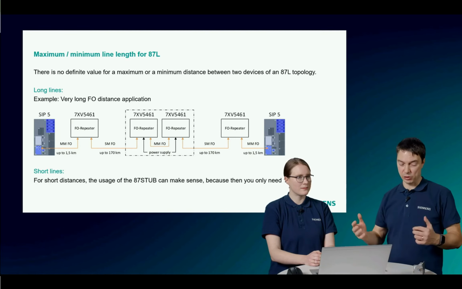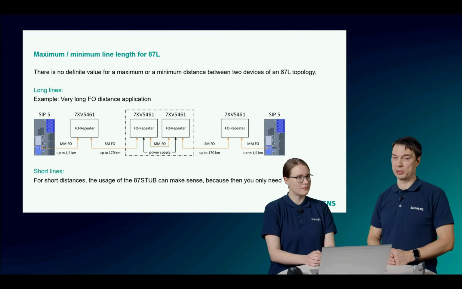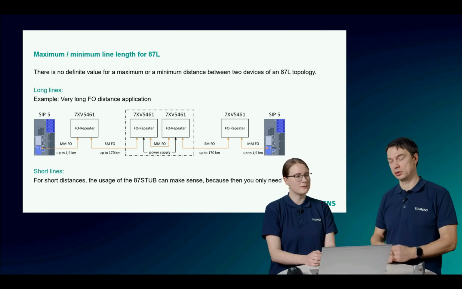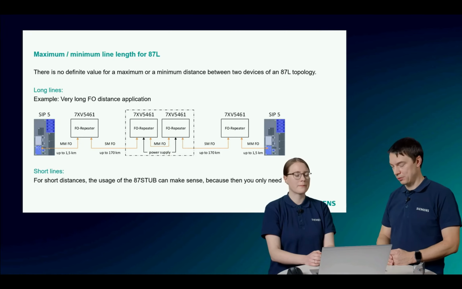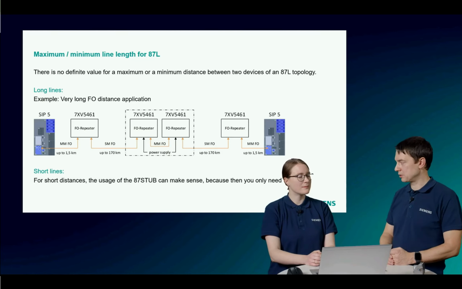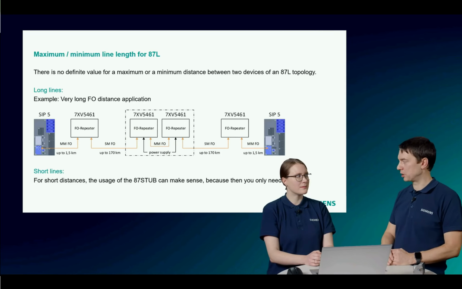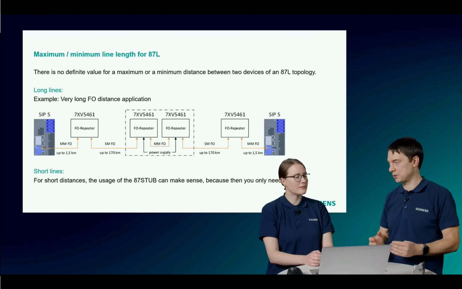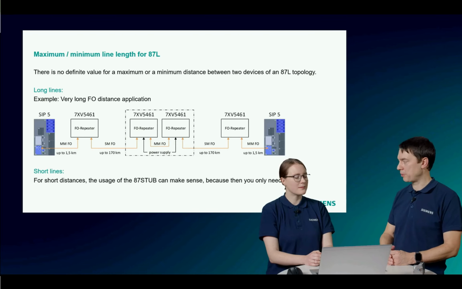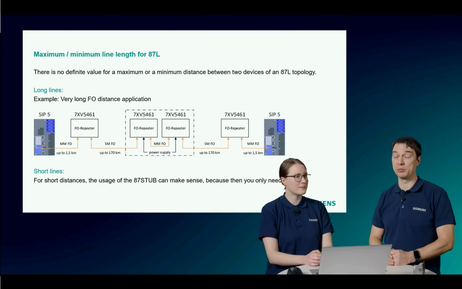If you have even longer lines, and you maybe have a power supply in the middle, then you could have such fiber optic repeaters back to back in operation, and you can cascade them. Normally, you use single mode fiber optic in these applications, but if you have, for example, a communication network in between based on SDH technology or MPLS technology, then you can protect even longer lines.